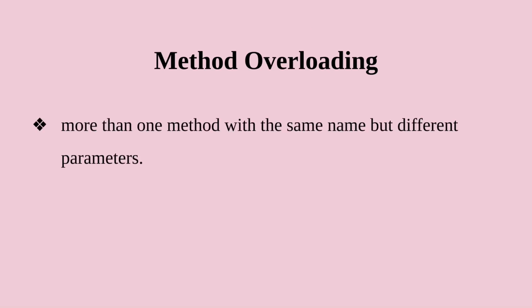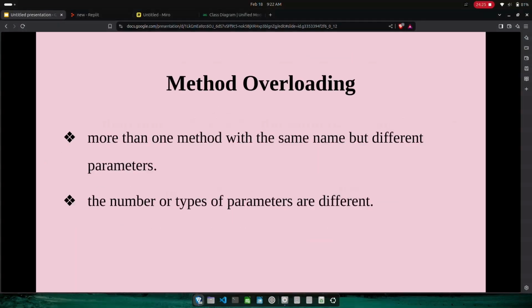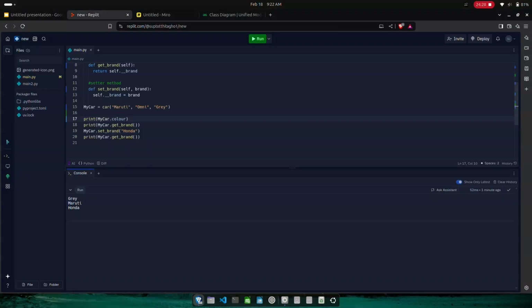It is basically a way for more than one method with the same name but different parameters to exist in the same class, and the number or types of parameters are different. So it is a way to define multiple behaviors for the same method name based on the arguments passed. So let's check it out in the program.